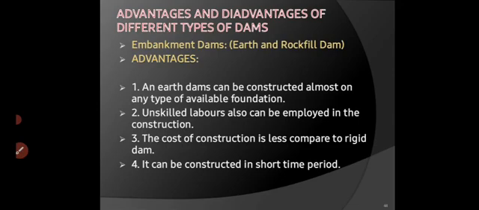The cost of construction is less compared to a rigid dam, and it can be constructed in a short time period. So earthfill and rockfill dams are very easy to construct, can be constructed on sandy or soily foundation, and the cost of construction is less.